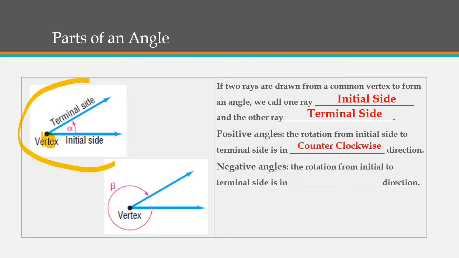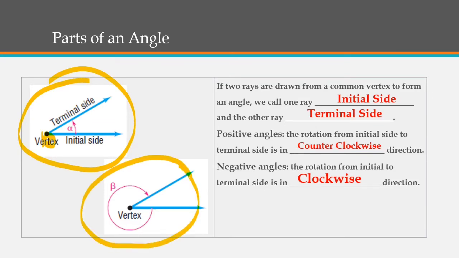So this is an example of a positive angle. Negative angles, the rotation from initial to terminal side is in the clockwise direction. So this is an example of a negative angle. That's the initial side, and it goes around clockwise to the terminal side.